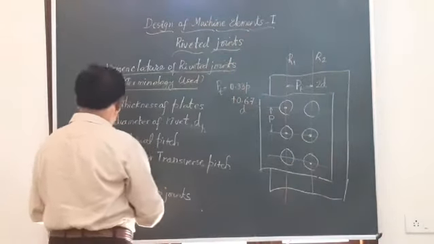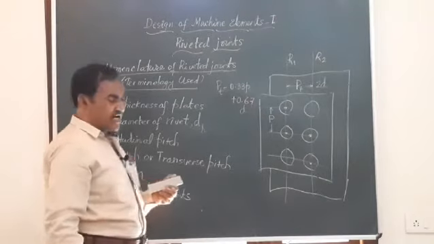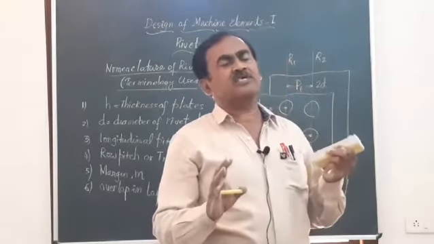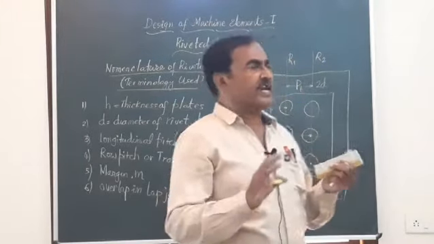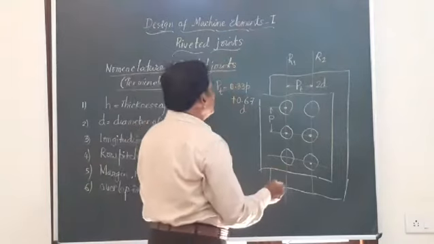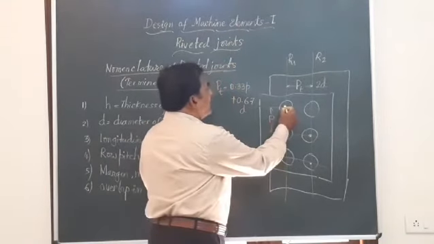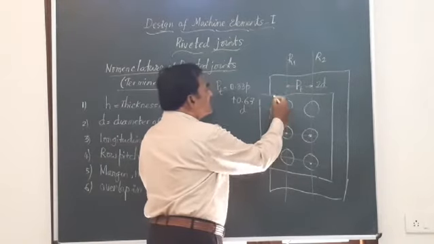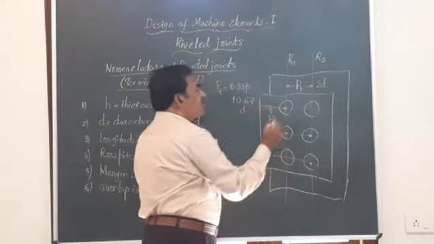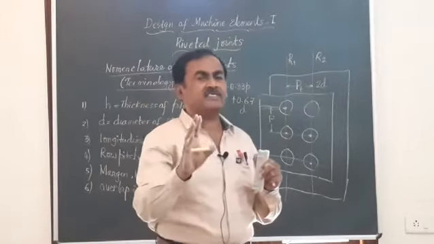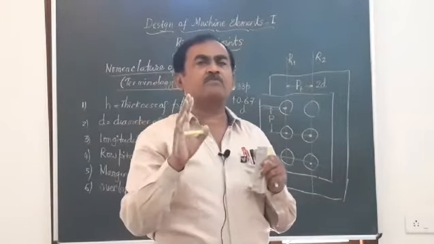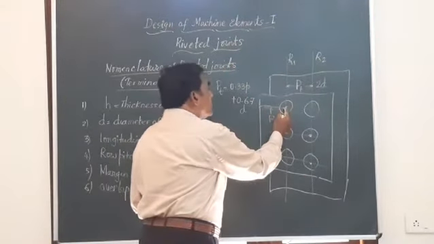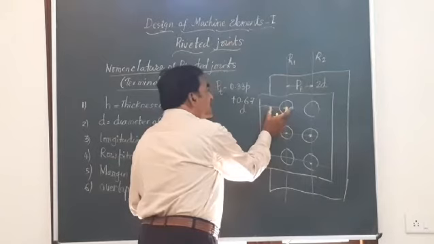Friends, then let us see what is this margin. In riveted joints, if provision is not made for having a sufficient gap between the center of the rivet and the nearest edge, there are chances that the plate may tear. So we can say this margin is the minimum distance between any of the rivets in the outer row and the nearest edge of the plate.